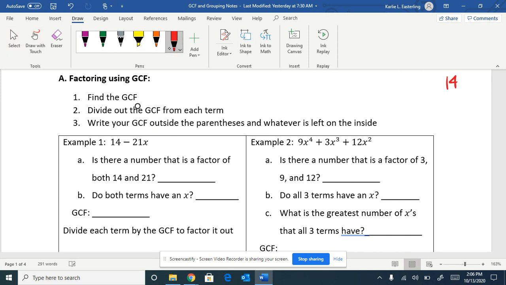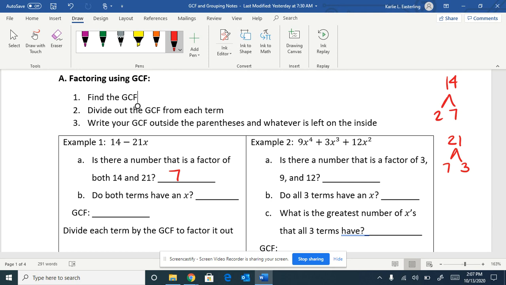If we're looking at 14, we're looking at 2 and 7. Some more factors of 14 are 1 and 14. So it's things that you can multiply together to get that number. 14 has 2 and 7 as factors, and 21 also has 7 as a factor because you can do 7 times 3. So the greatest common factor for both of those is going to be 7.